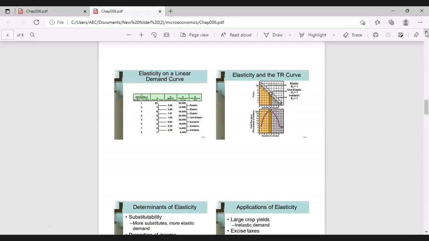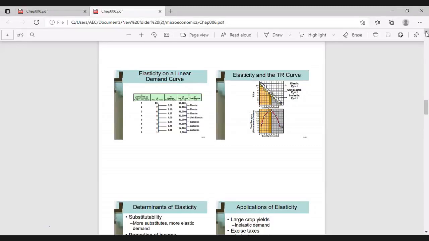So along the demand curve, the elasticity of demand is changing. So the consumer responsiveness to a price change is changing. When the price is high, with a small drop in the price, consumers will buy more.